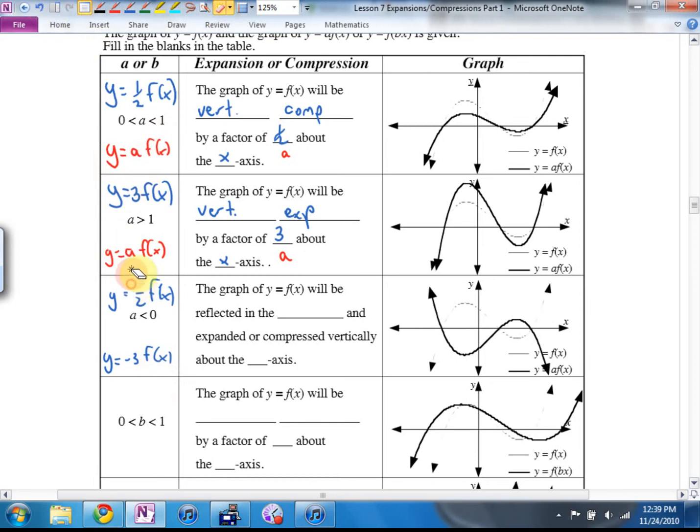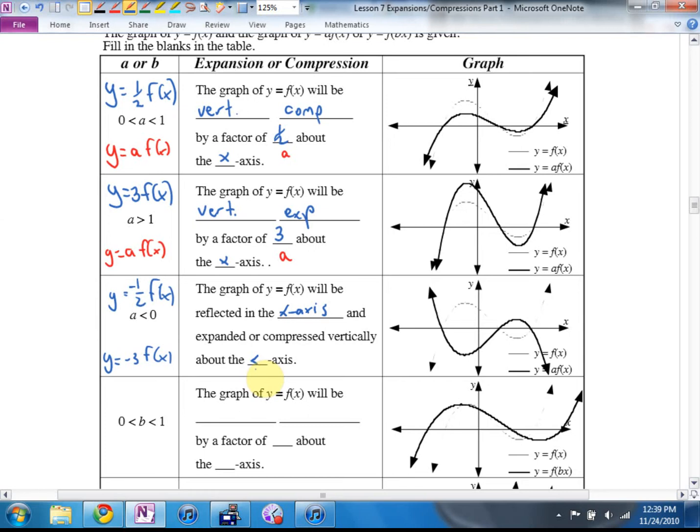It will be reflected in the x-axis, and expanded or compressed, I don't know which because I need to know what a is. And I don't do them simultaneously. I find reflect first, then stretch, or stretch first, then reflect. Either is fine.